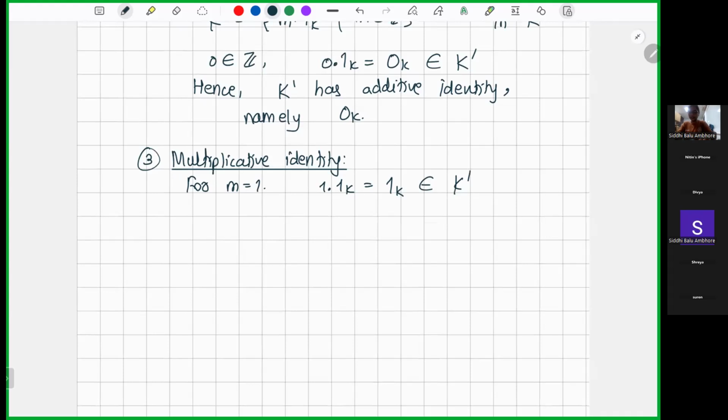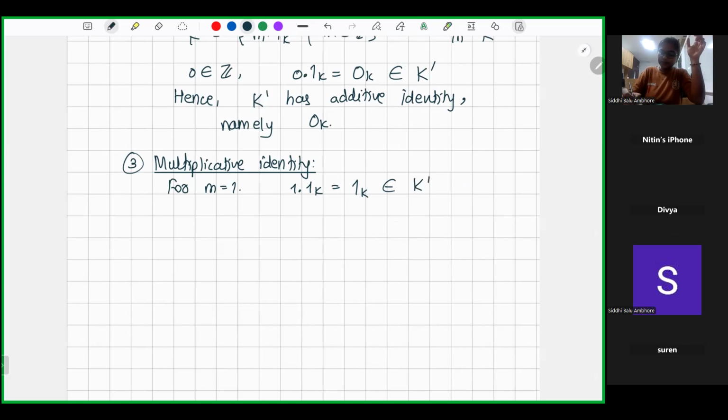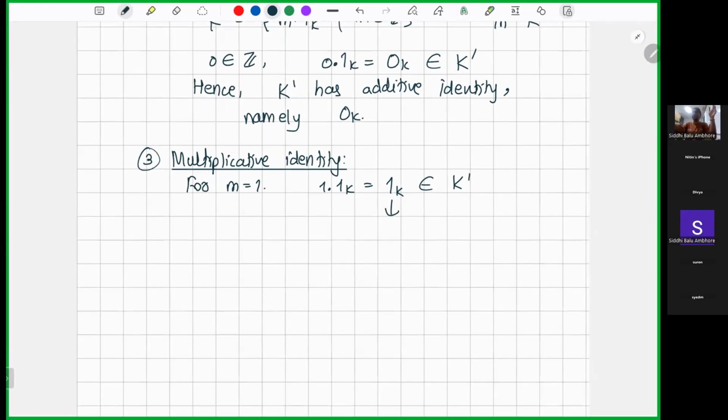Third is the multiplicative identity. So we need to prove the multiplicative identity as well. When I take m equal to 1, 1 into 1k is 1k again. And this 1k is the multiplicative identity of my original field, and it is also in my k dash. So for any x in my original field k, this x into 1k will always be x.